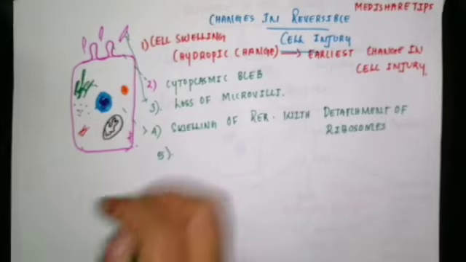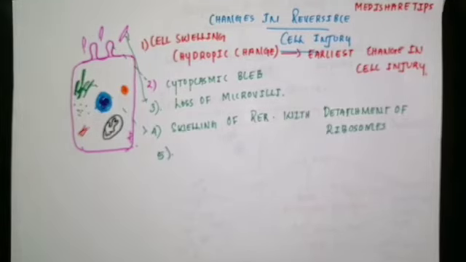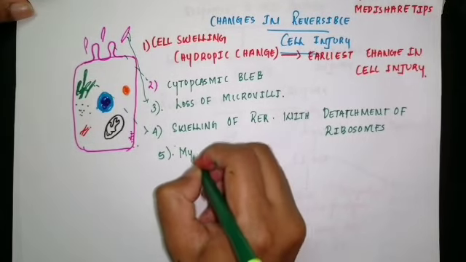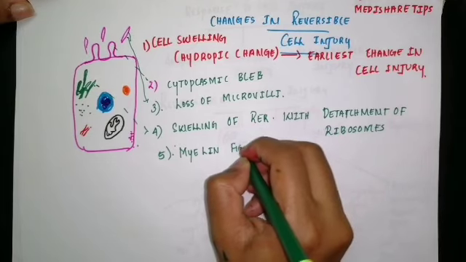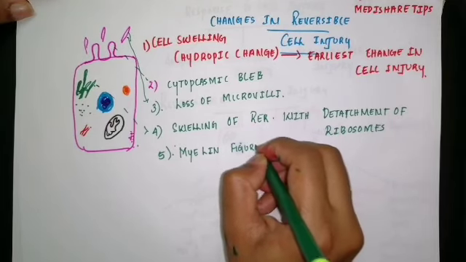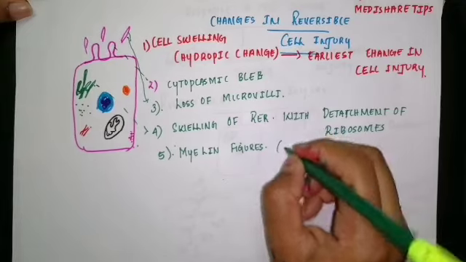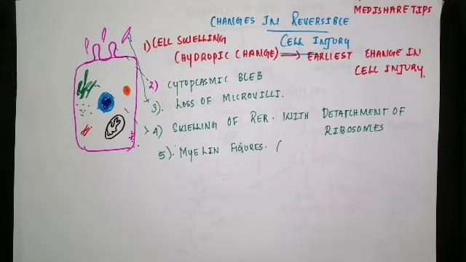Now we will see another structure which is present here, that is myelin figures. Myelin figures are a characteristic feature seen in reversible cell injury. These are actually the phospholipids that are formed from the damage to the cell membrane and the cell membrane of the organelles, which contain accumulated water and lipoproteins.